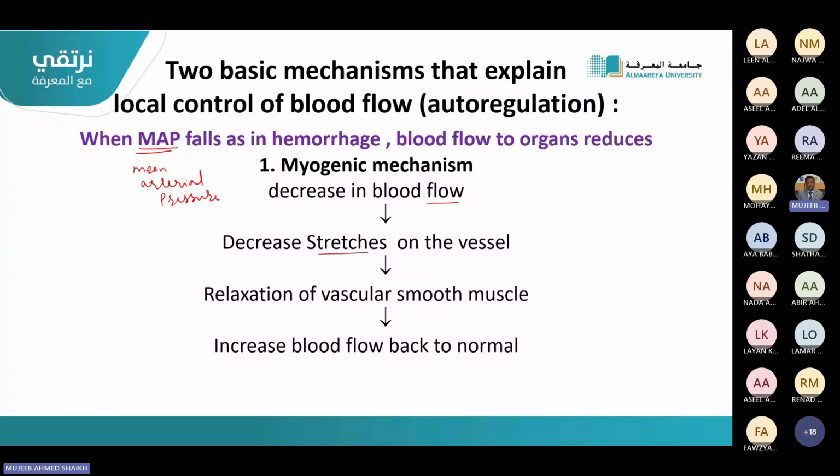This will cause decreased stretch on the vessel wall. This will lead to relaxation of the smooth muscle, and this will lead to an increase in the size. So initially it was like this. Less blood will make the size increase, and this size increase will compensate to restore the normal blood received by the organ. This is called the myogenic mechanism.